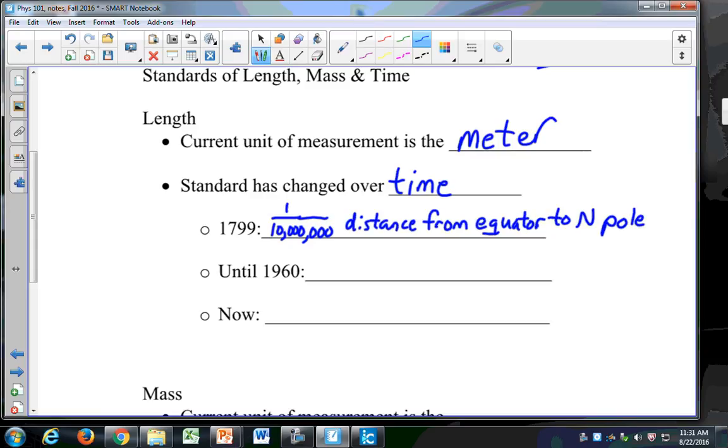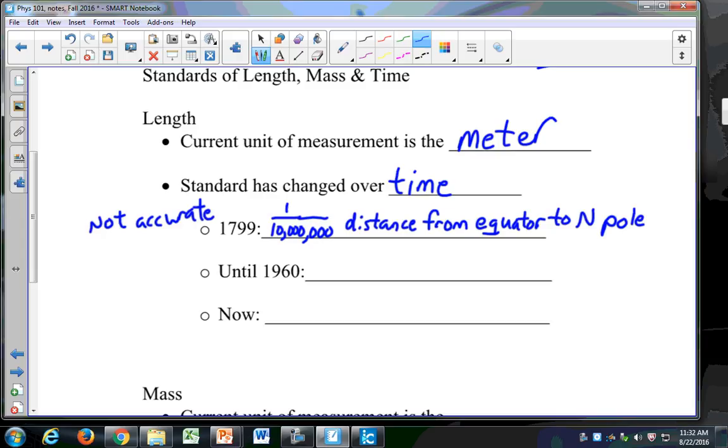Now, that's not a very accurate measurement because it's very difficult to accurately measure the distance from the equator to the North Pole. Where is the equator? Where is the North Pole? So this is not a very accurate means. But up until 1799, it was accurate enough for what we needed to measure. Today, it wouldn't cut it because we need to know distances to a much greater accuracy than that standard allows.